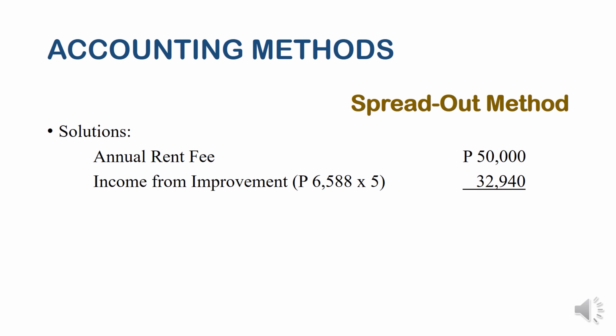We have 5 months since the leasehold improvement is available for use. Therefore, the lessor for the year 2018 will only recognize 32,940 from the leasehold improvement, a total of 82,940.